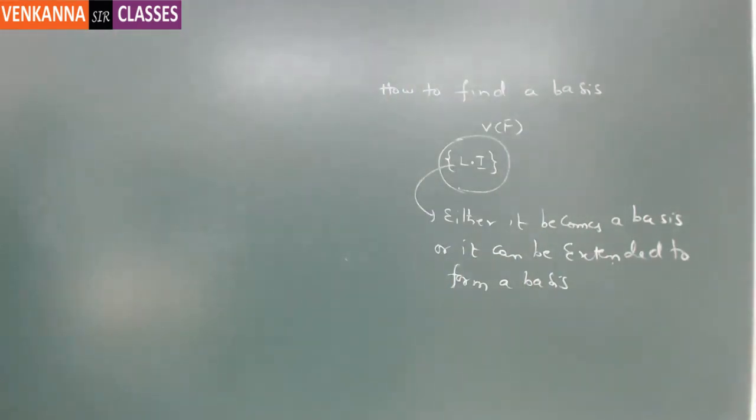So whenever you consider a vector space, if you take a linearly independent subset in it, then it will become a basis or it can be extended to form a basis. This result is known as the basis extension theorem.